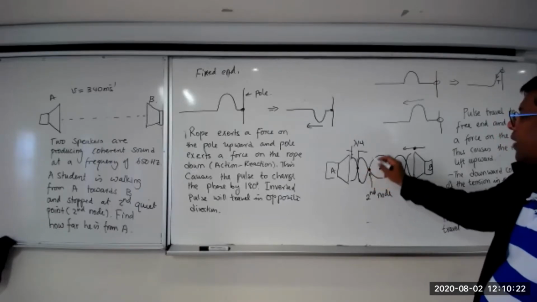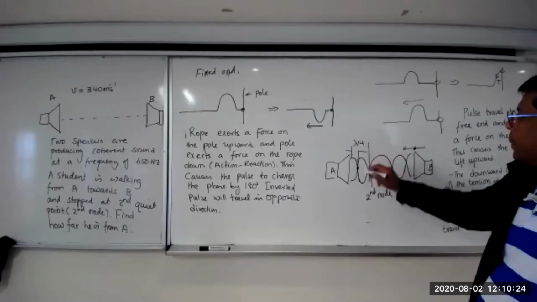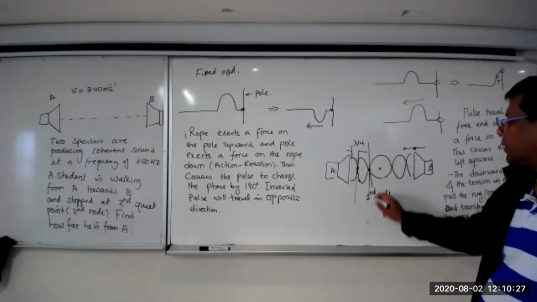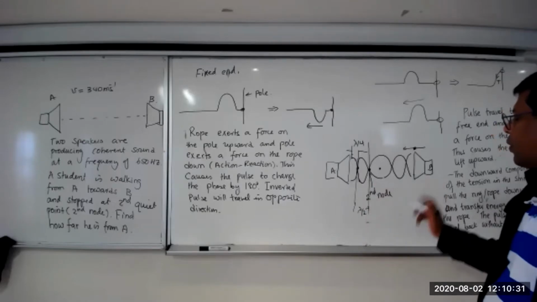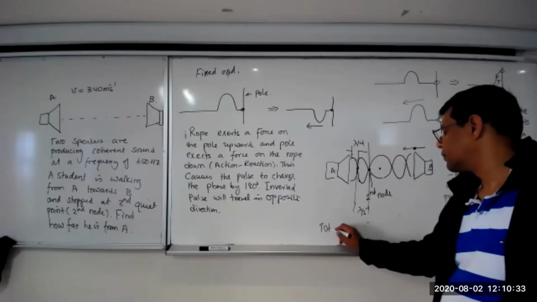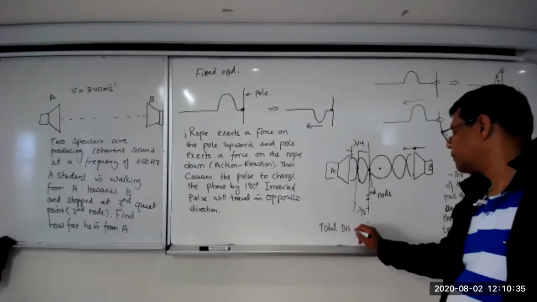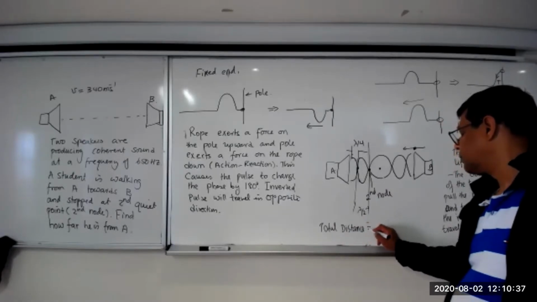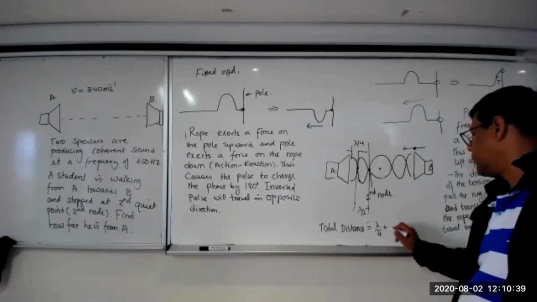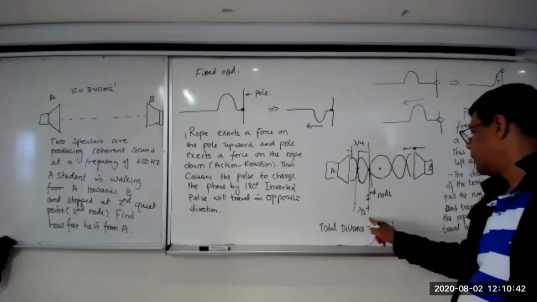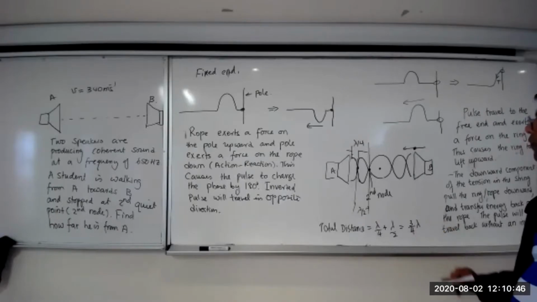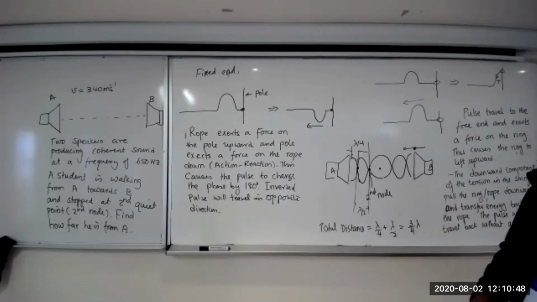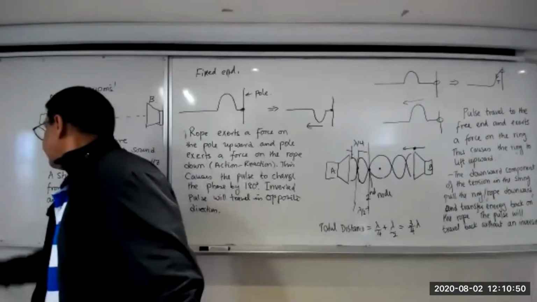Node to node, that's half a wavelength. The total distance he's walking is 3/4 of the wavelength. And find the wavelength, v equals f lambda.